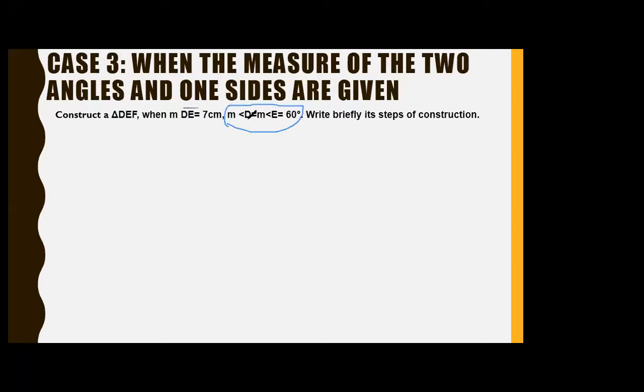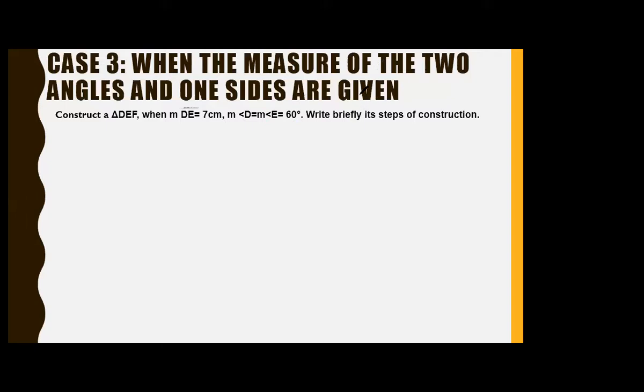That measurement angle D is equals to measurement angle E is equals to 60 degree. It means that angle D is of 60 degree and also angle E is of 60 degree. Got it?